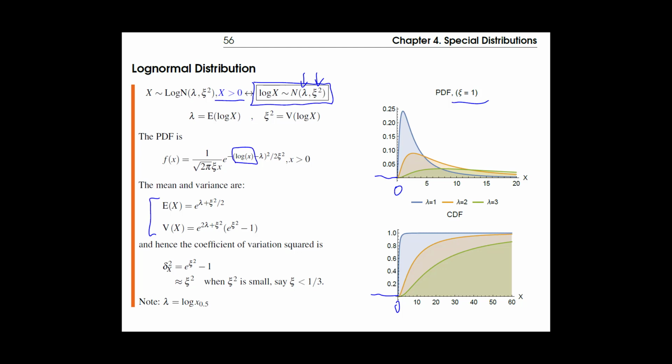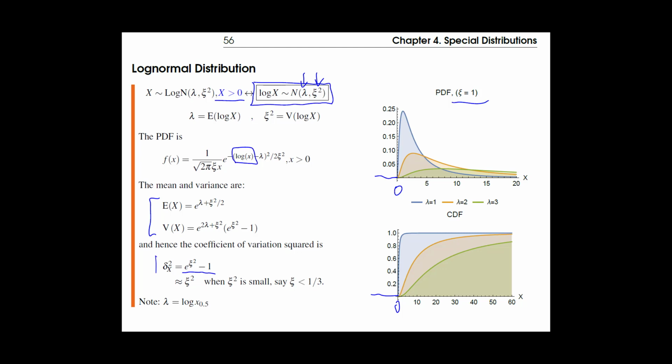And if we take the ratio, the squared coefficient of variation would be the variance divided by the expected value squared. Turns out, if you do it, you're going to find e to the psi squared minus 1, which can be well approximated by simply psi squared or delta squared.